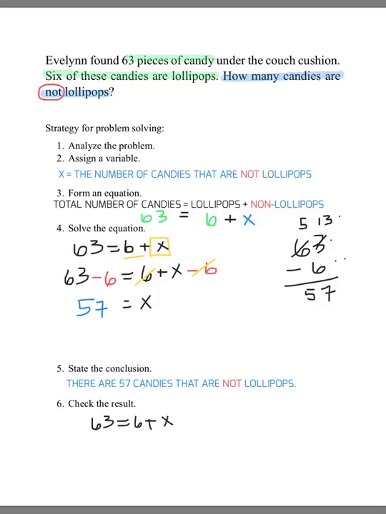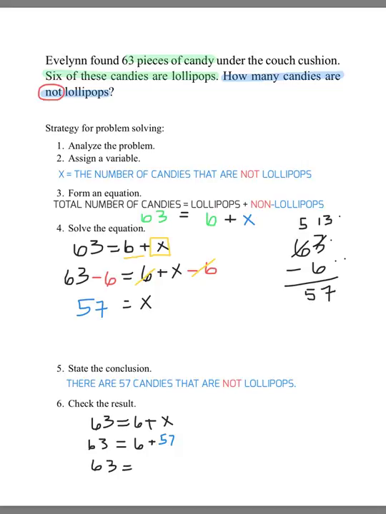The only difference now is that we know what x is actually equal to. So we have 63 is equal to 6 plus x, which we just found to be equal to 57. On the left hand side of the equal sign, there's nothing left to simplify, so we're just going to bring down that 63.